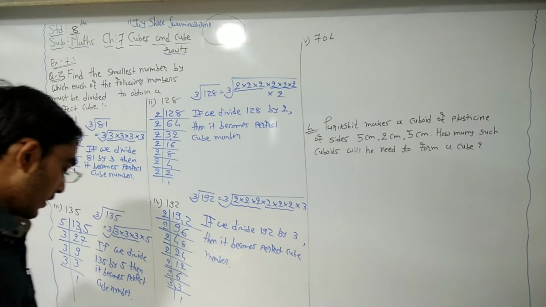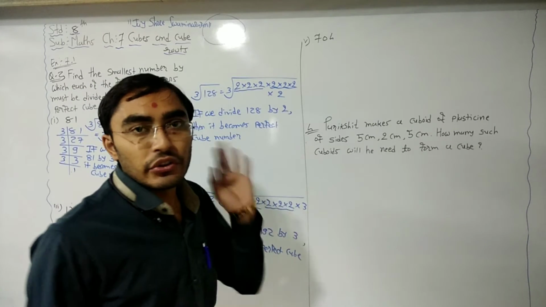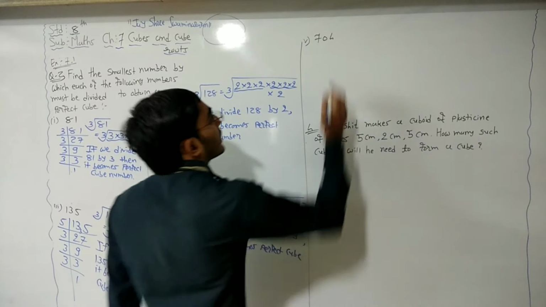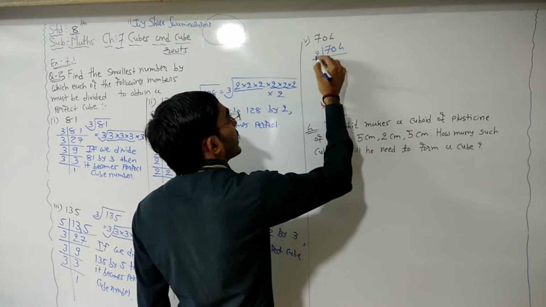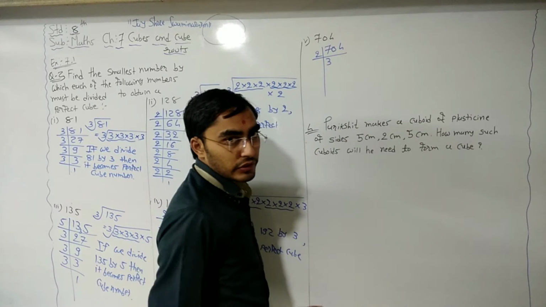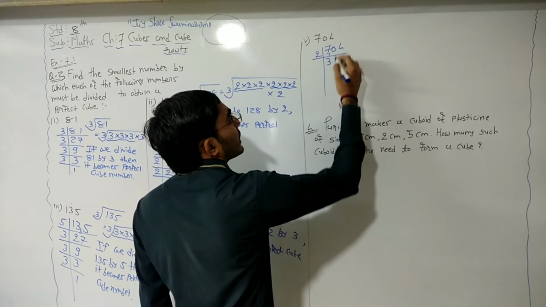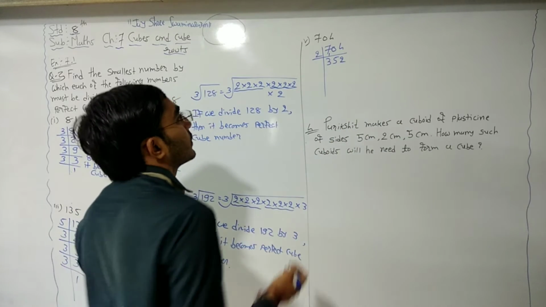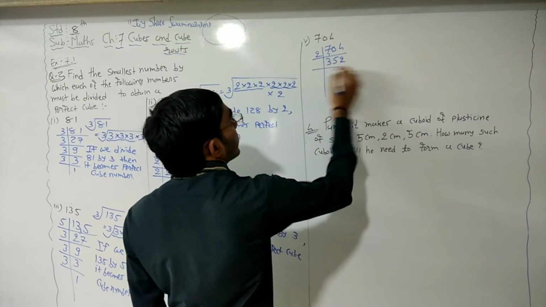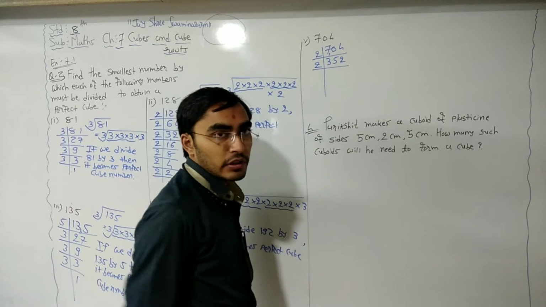Similarly, question number 5, here we have 704. So for 704, this is an even number, so we can take 2. 2 3s are 6, 1 remained, 10, 2 5s are 10 and 2 2s are 4. Okay. Now again this is an even number.